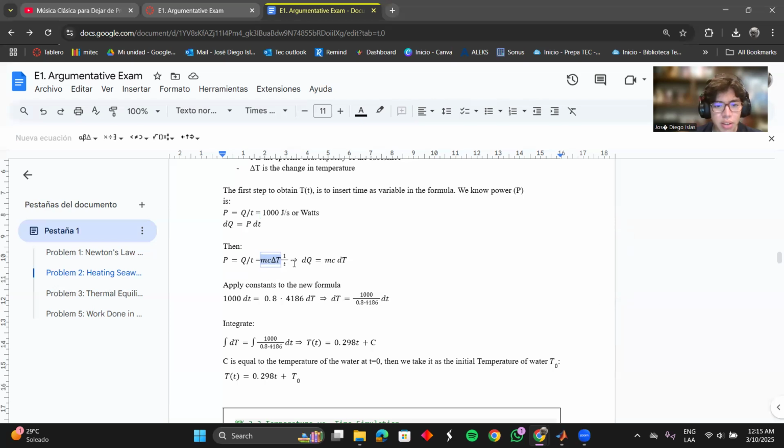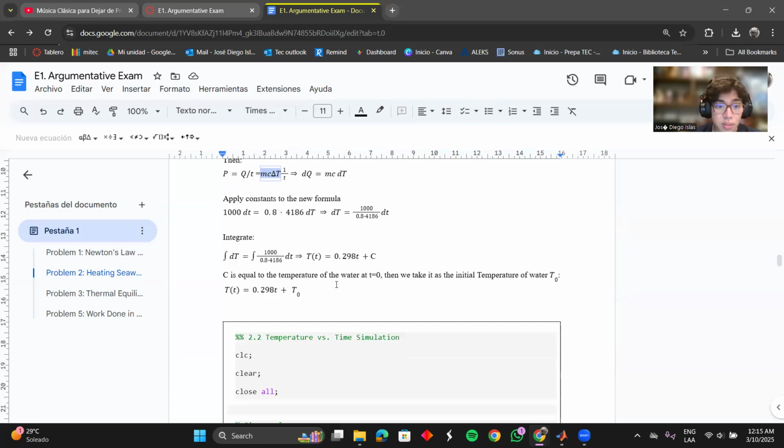So yeah, now we pretty much have it simple to integrate. To make it easy to integrate, I also plug in the numbers so that I always remember which are the constants. So I plug in the power, the mass, and the heat constant C, and I just leave the variables by themselves, which are temperature and time, right?